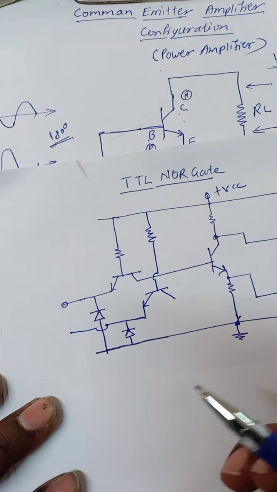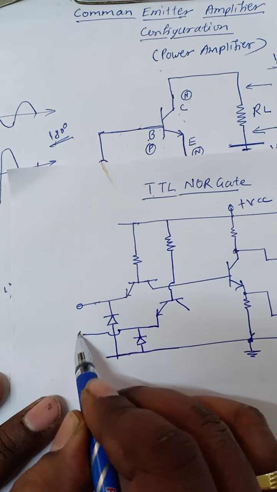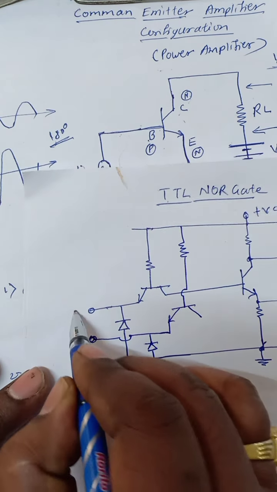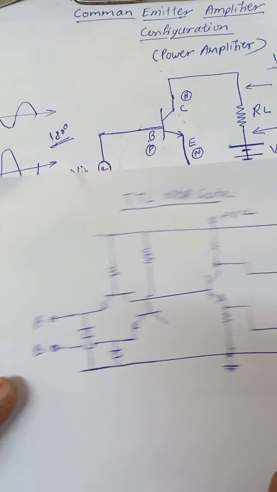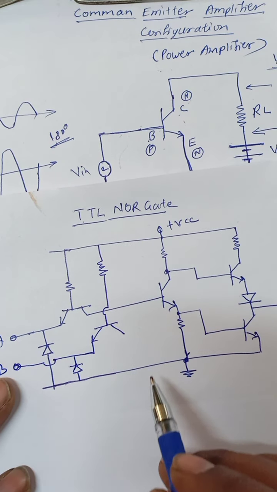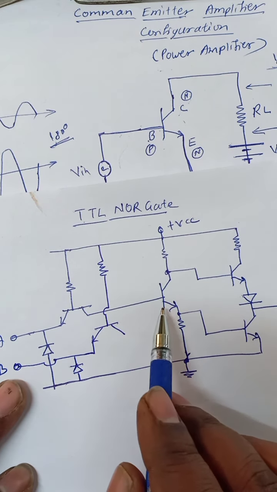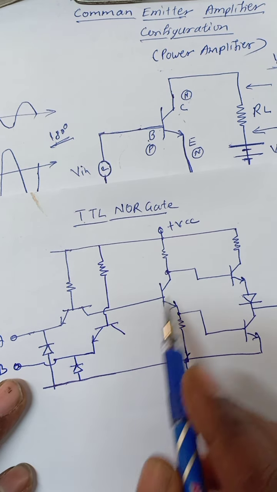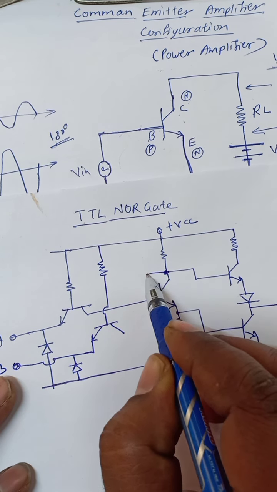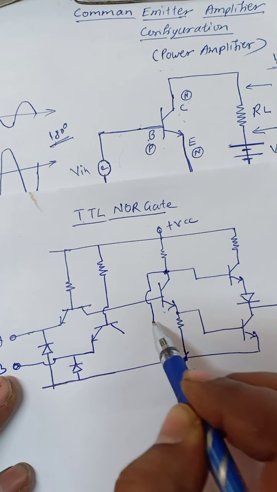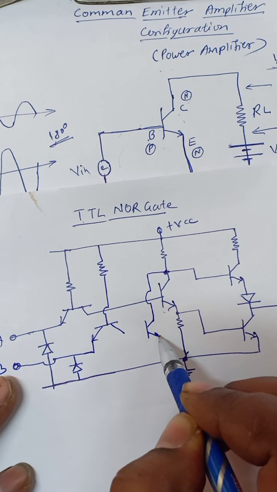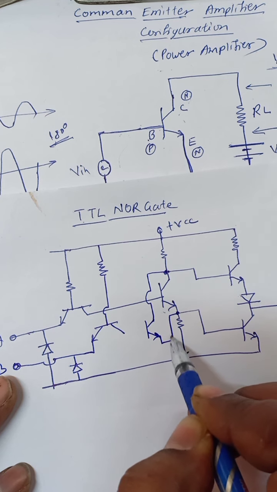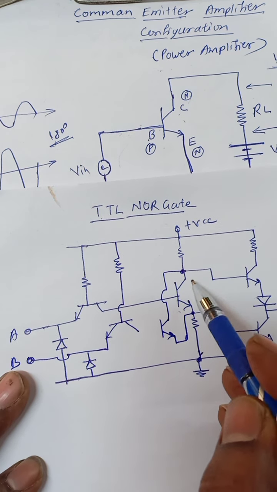And we are also using a diode D in reverse bias, so that whatever unwanted transients will be grounded. This is the input, and this is the input. Another change is that we use these transistors with another transistor in parallel, with the same input. So it is a parallel transistor. These two transistors are connected in parallel.